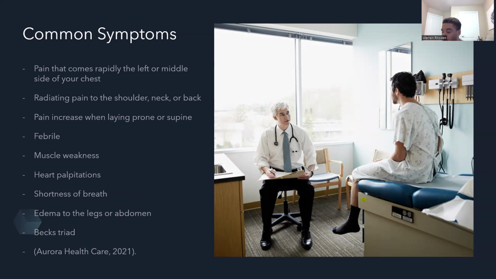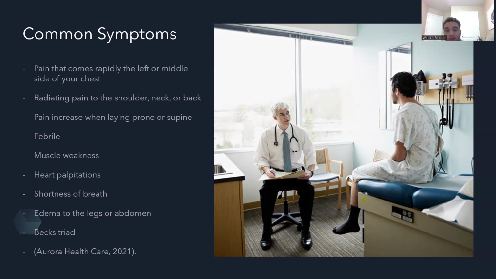This just stems from your heart not having enough strength to properly move all the blood inside of the body and not being able to properly flow back into the heart, as relaxation is impaired and preload's impaired. So there's going to be some blood stagnation inside of the veins, and this can be seen in your JVD. So you'll see an enlarged JVD there.